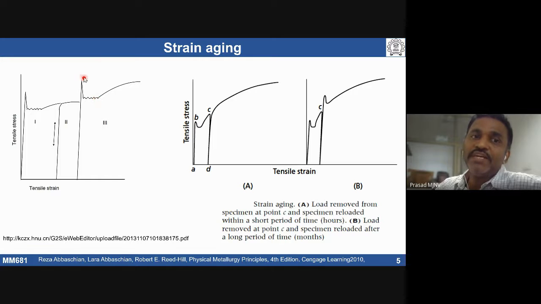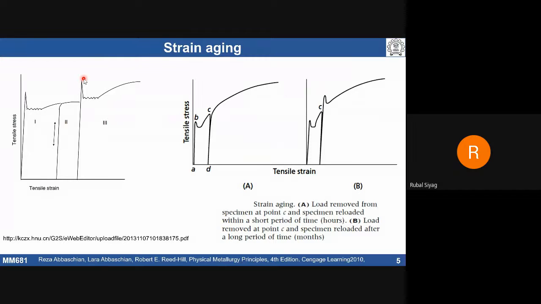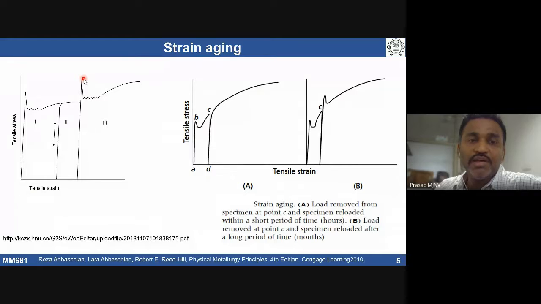So why should there be an increase in yield stress? Because your upper yield stress is increasing after aging treatment. To unpin the dislocations, we have to apply more stress.